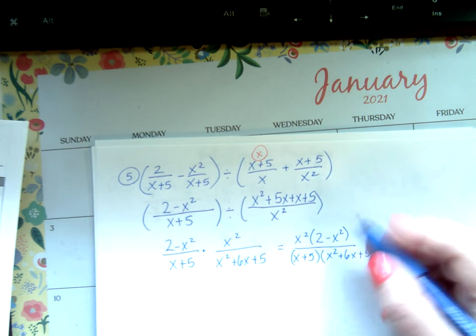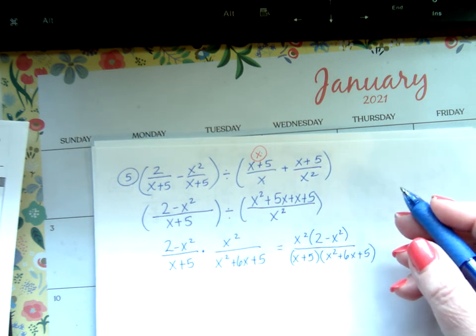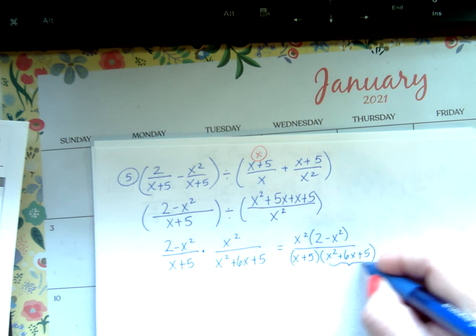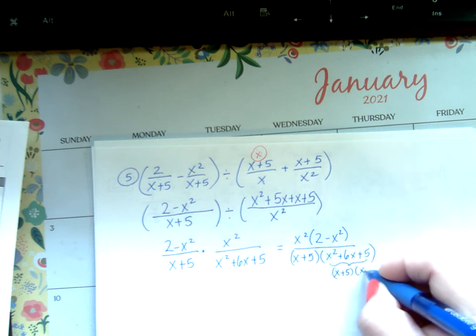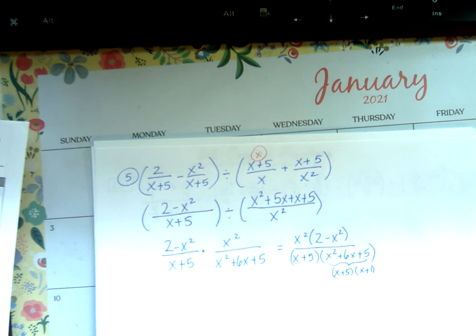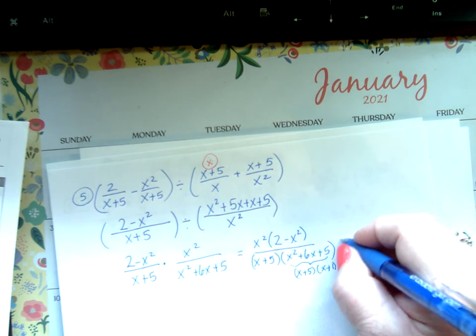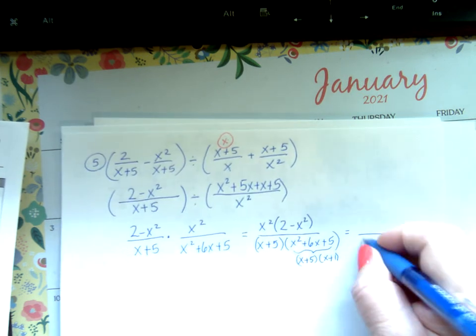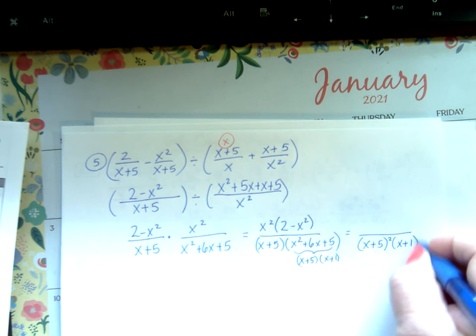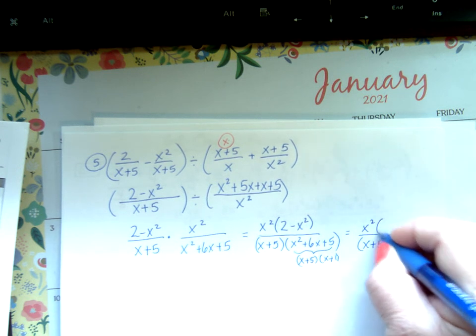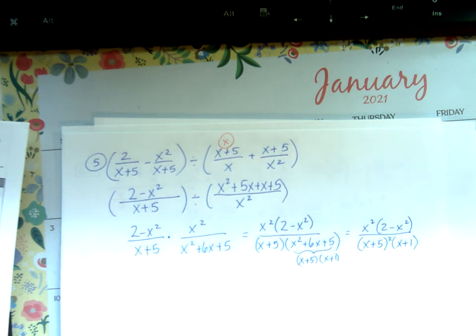So this one here factors into x plus 5 and x plus 1. And the only thing that that's going to do to you is you could also call your denominator x plus 5 quantity squared times x plus 1. Numerator doesn't change. Did I have to do that? No. Nope, I didn't. I could have left it just the way it was.